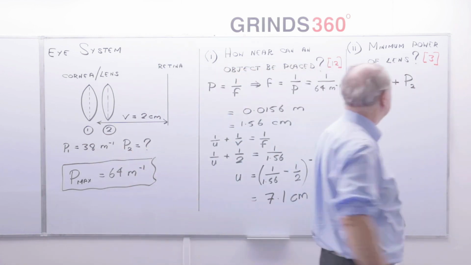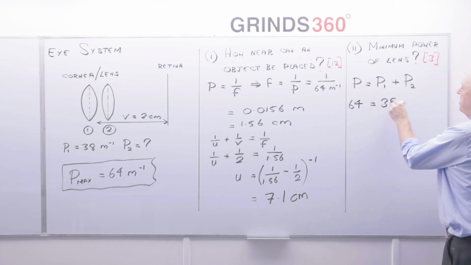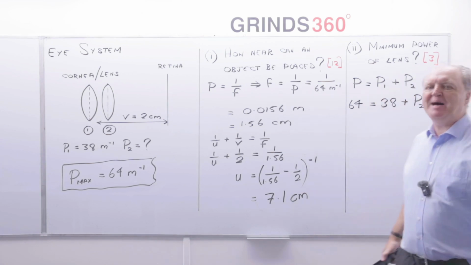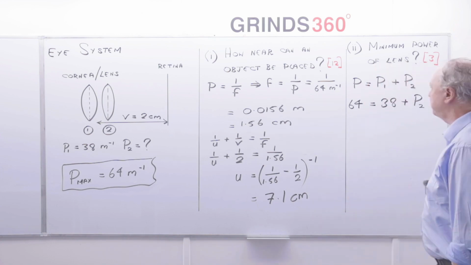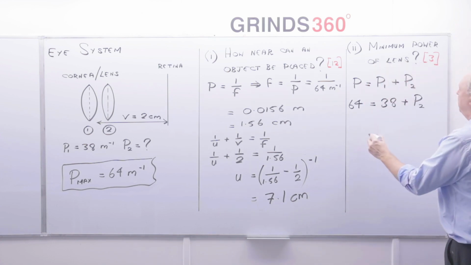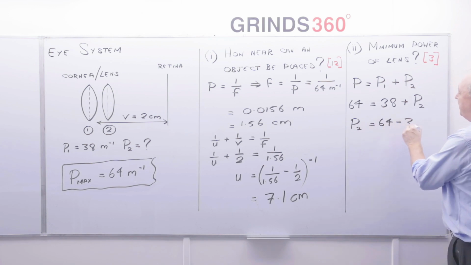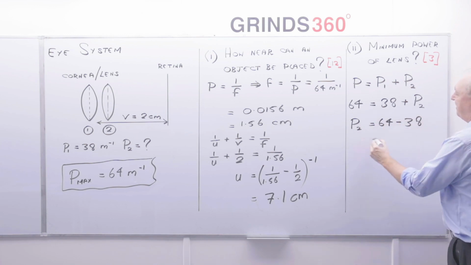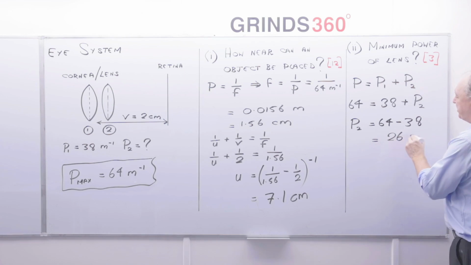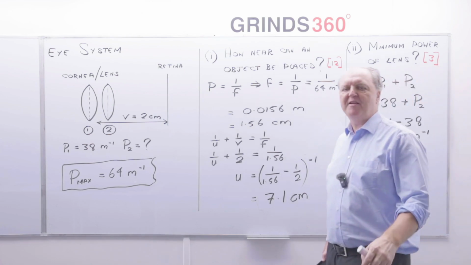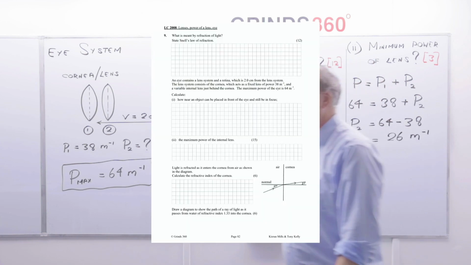That's 38. Plus P2. So P2 is the power of my variable lens. And what is the minimum power? Well, P2 is equal to 64 minus 38. And that gives me 26 per meter. That's the minimum power of my variable lens.